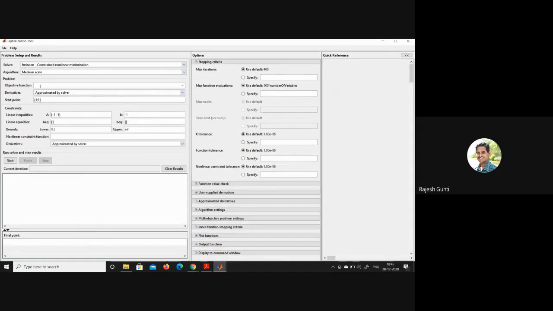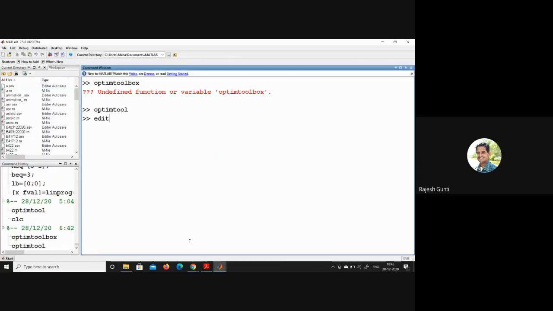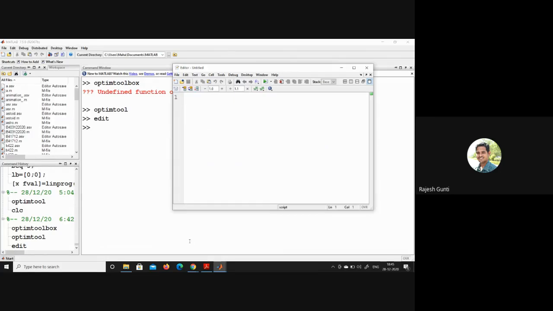Now first we have to create one objective function, one m file. In that file we have to write the objective function. For that I am taking one m file. Edit. Okay. Function f is equal to, any name, say before 28, input is x, f is equal to x1 square plus x2 square.